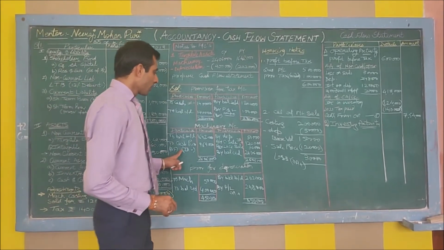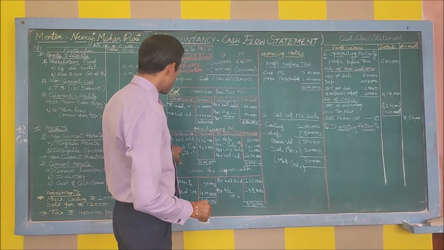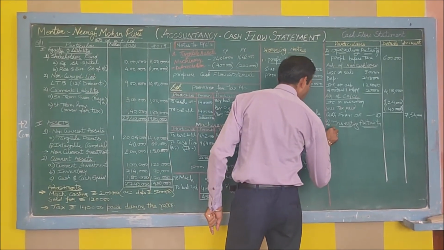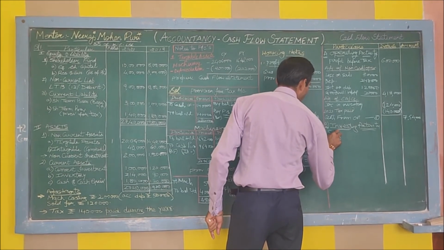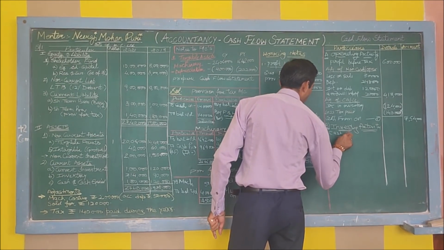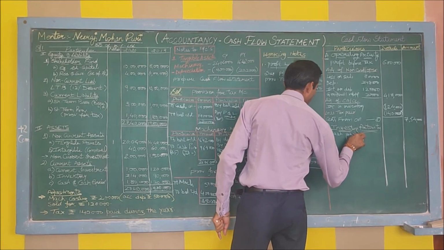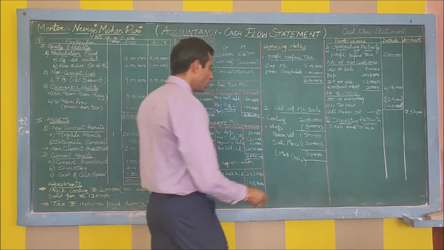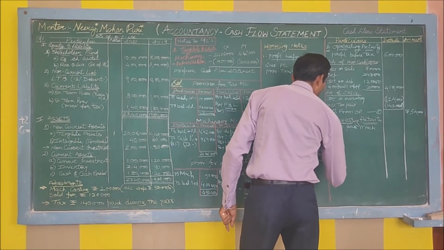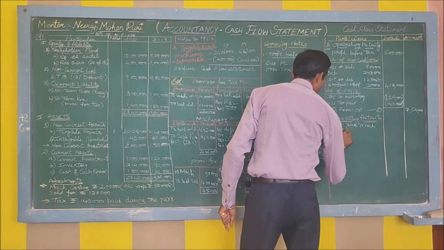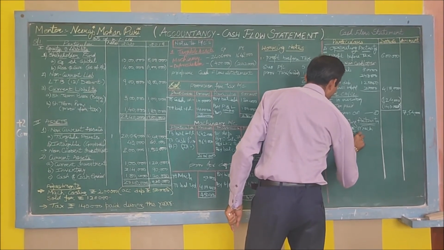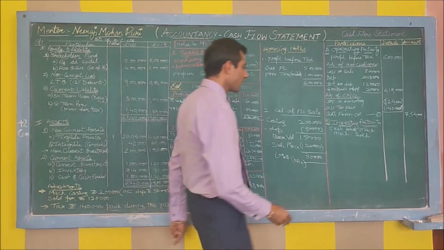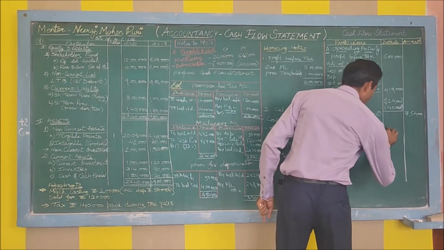Copy this data. We have cash purchase of 9,64,000. Both titles have to be shown. This will be written as cash purchase, the item name being cash purchase of machinery. Then we have sold machinery, so machinery sold also. Both aspects have to be shown. Label the values. Purchase value is 9,64,000. Therefore, it will be a negative value.